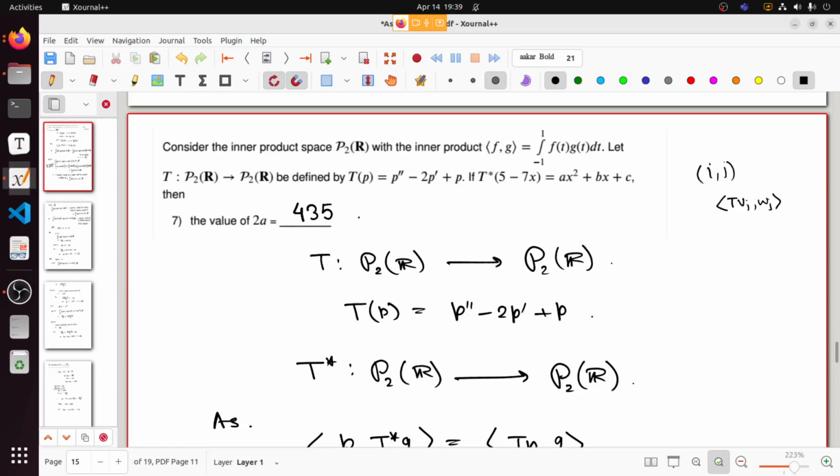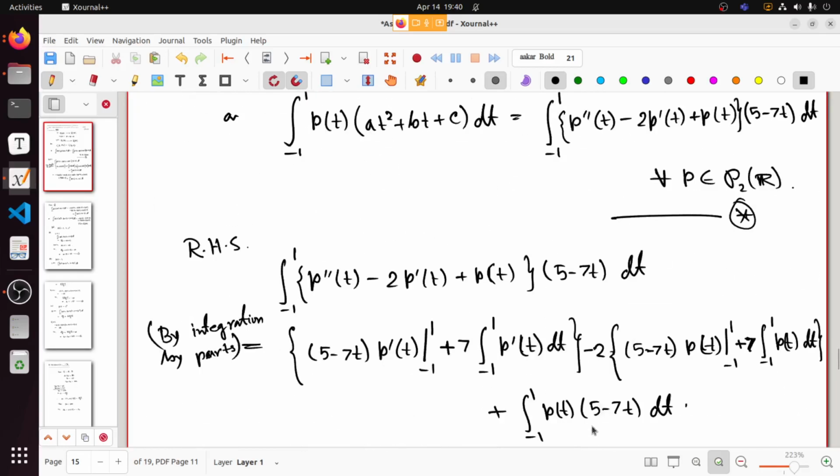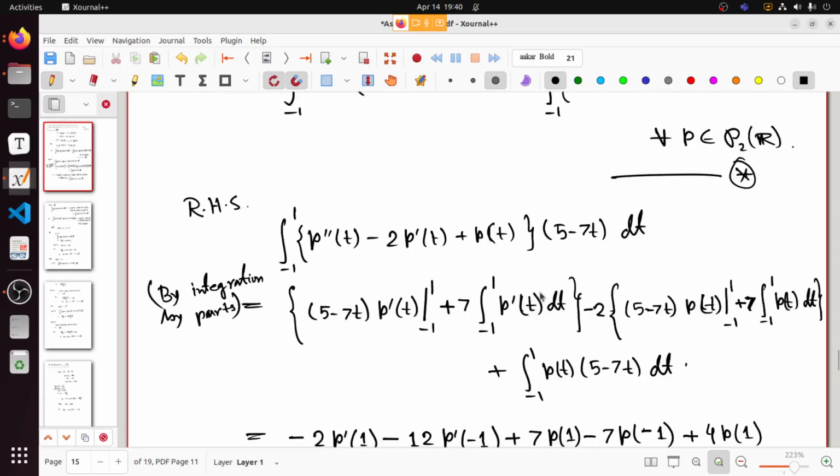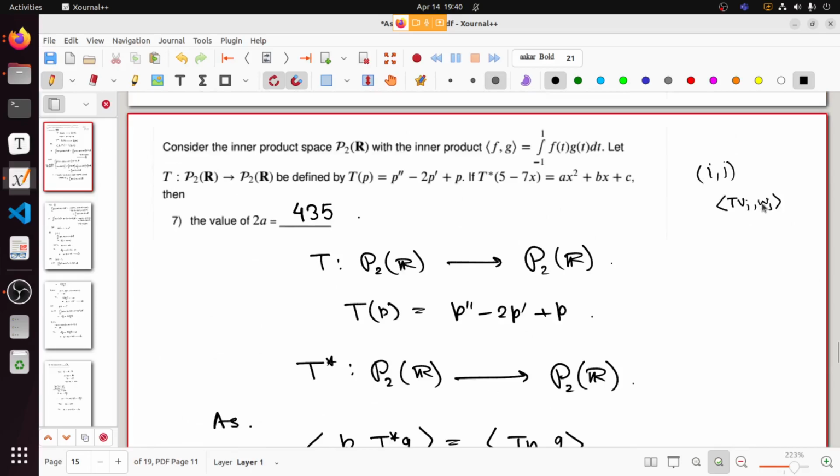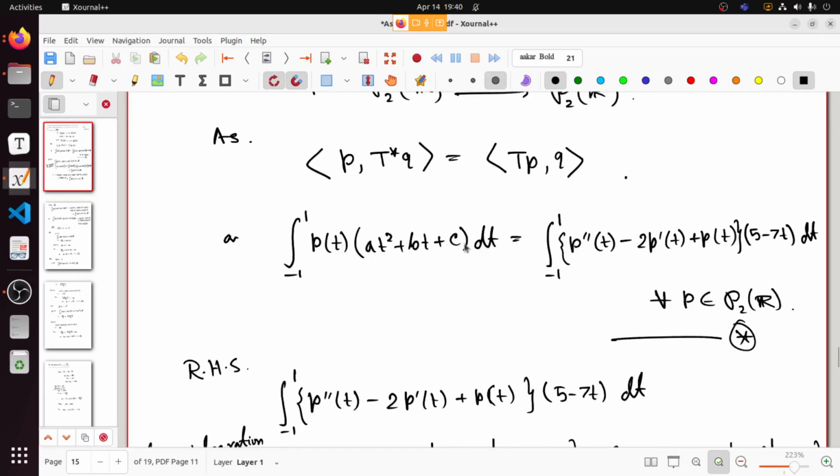Now again apply, for all p, here you have to take wj to be all the polynomials, so again you have to use 1, t and t square, and you have to solve 3 equations. Basically you have to solve these 3 equations, whichever way you do it, you will get this inner product in the matrix entry wise, but again you have to solve this kind of equality, putting 1, t and t square or whatever polynomial you take.